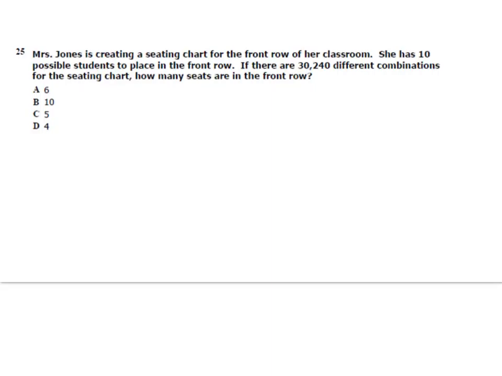Okay, for this particular problem, it could be a little bit tricky. It talks about Miss Jones creating a seating chart. It says she has 10 possible students to place in the first row. Even though they want to know how many seats are in the front row, if she placed 10 students here, then she would only place 9 here.